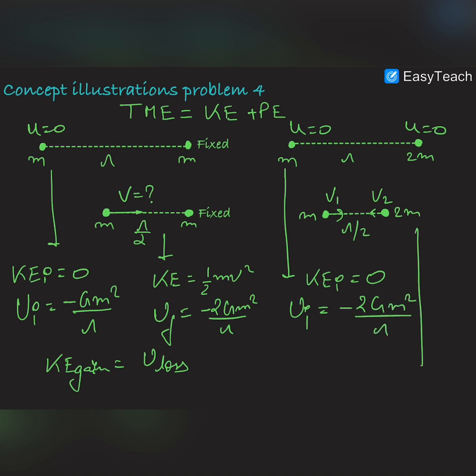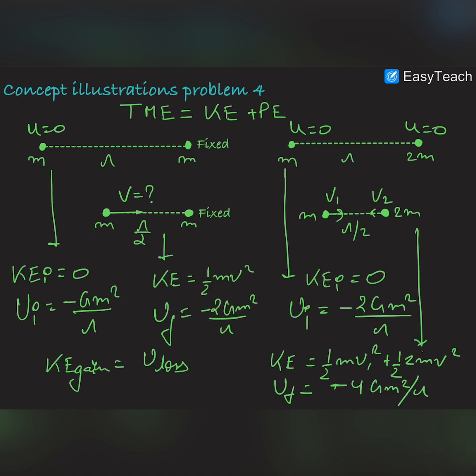In the final case, the kinetic energy is half mv1 square plus half into 2m v2 square, because the mass 2m is moving with the velocity of v2. And the potential energy in the final case would be minus 4gm square by r.